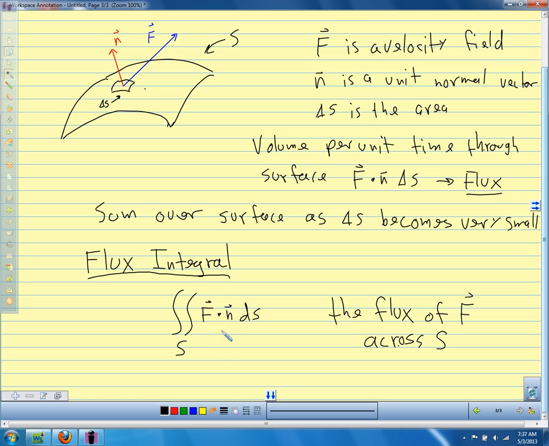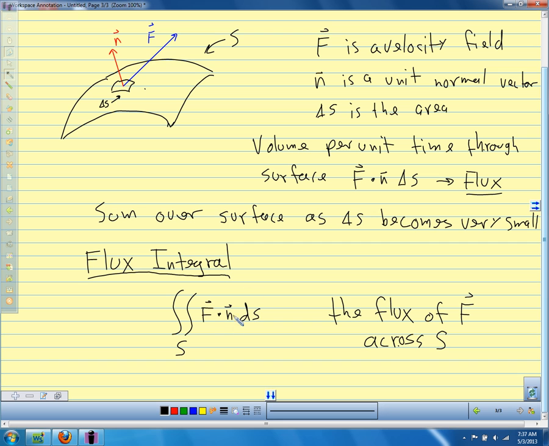We're going to sum the normal component of F over the surface. That's what we're doing here. So the surface integral of a vector field is the integral of its normal component over the surface.